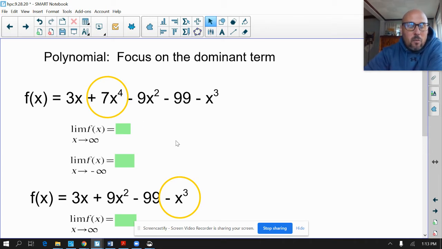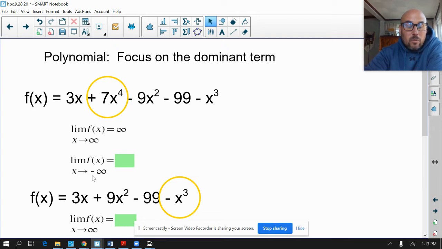So in the end, when x approaches infinity, when x gets really, really large, the only thing that really matters is what is the dominant term doing? And when x gets large, this thing gets really large. So it pulls the y values up to infinity.